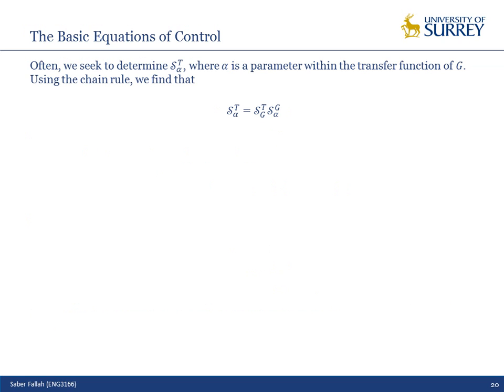Alpha is the parameter of the plant, or any parameter of the closed loop in general. S of T over alpha, the sensitivity of the system loop transfer function against parameter alpha. Alpha is a parameter, not a gain. It will be equal to the sensitivity of T against G multiplied by the sensitivity of G against alpha. Okay?